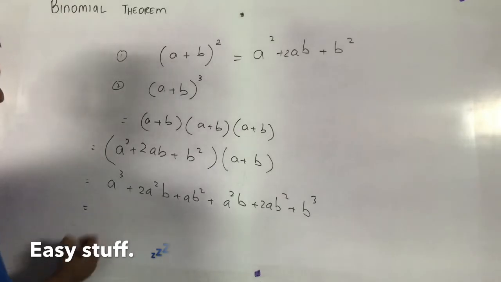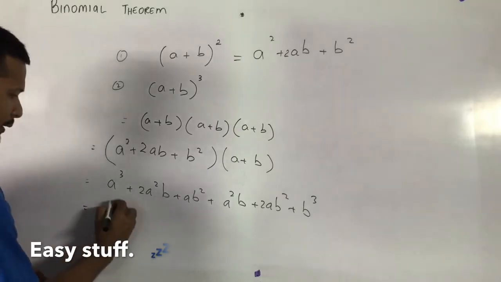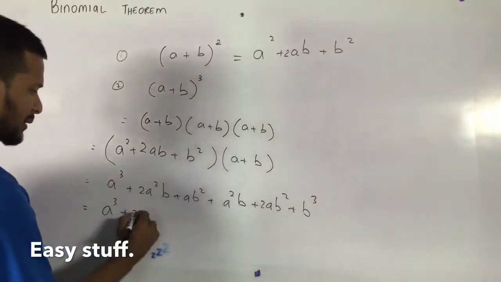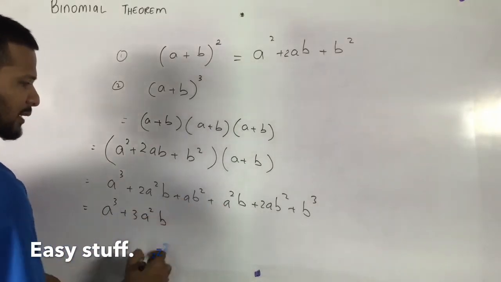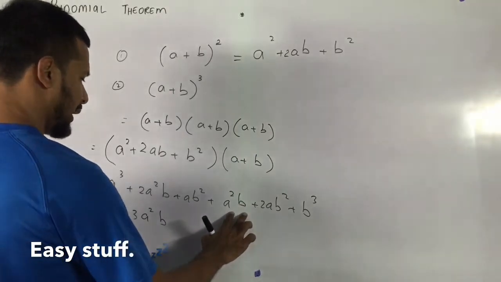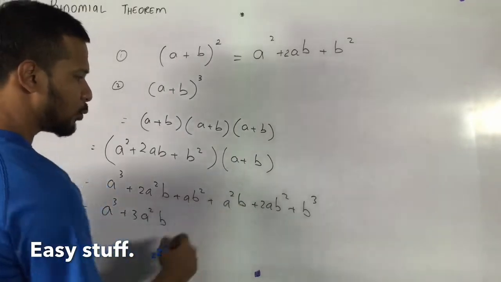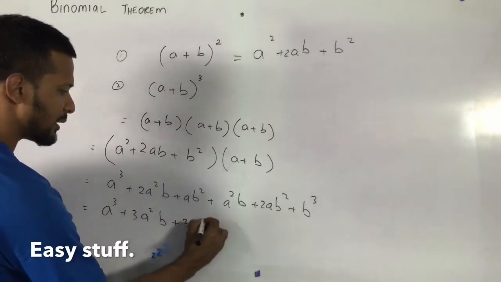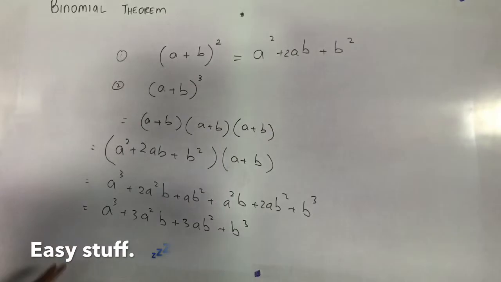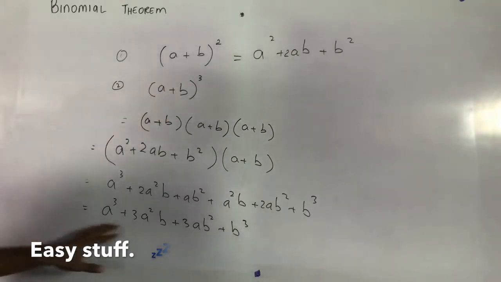Okay? So simplify it now. We'll end up with a cubed, 2a squared b plus 1a squared b is 3a squared b, ab squared plus 2ab squared is 3ab squared, plus b cubed. Simple. So a plus b cubed is this.